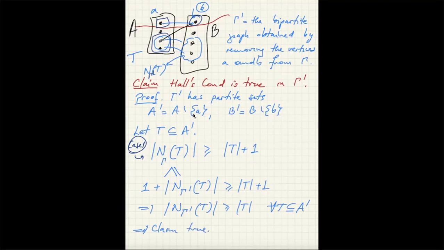And because the claim is true, by the induction hypothesis, gamma prime has a matching that saturates A prime. So we will have edges here, more blue edges, in gamma prime that saturate A prime. And then we just add the edge AB to that, and we get our result.